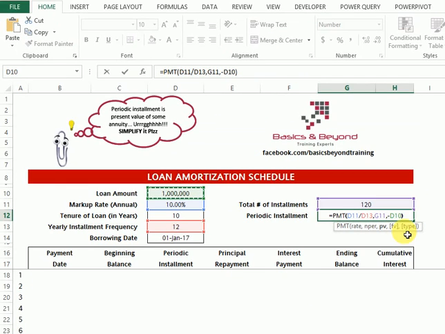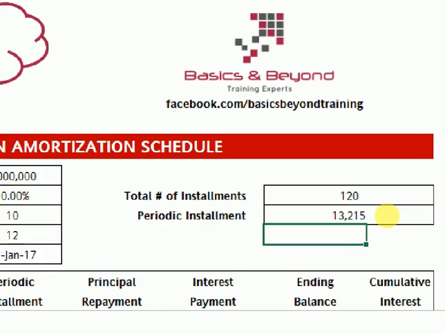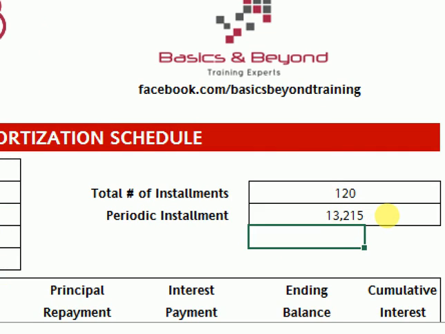Type value could be 0 or 1. 0 value shows the installment is paid at the end of the month or end of the period, and 1 will tell the function that the installment is paid at the beginning of the period. The installment amount comes out to be 13,215.